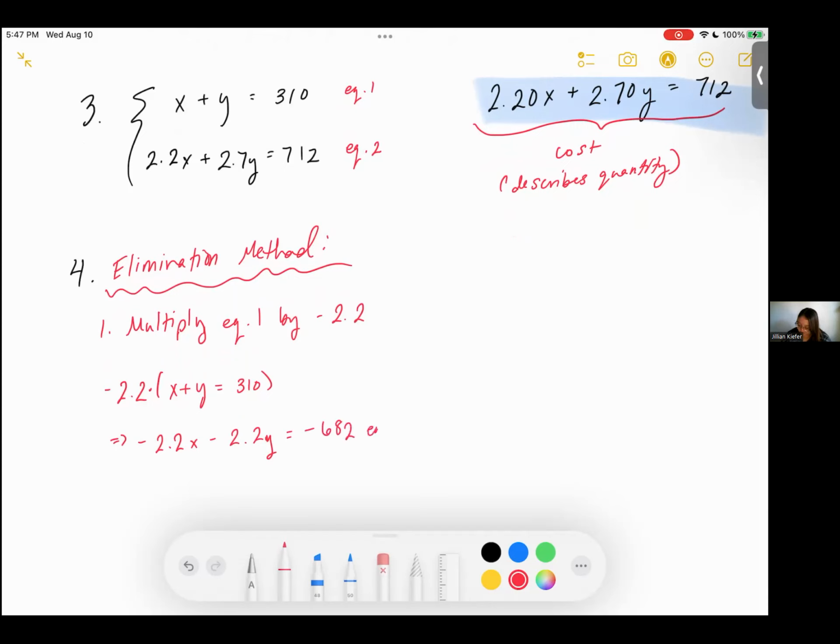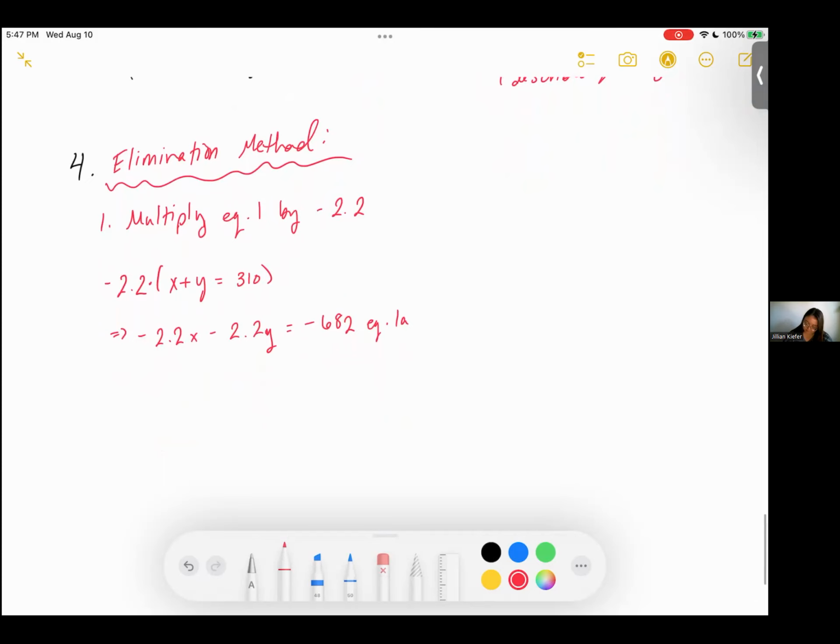So this will be equation 1a. So putting this back into our system means that we can now use equation 1a and equation 2. So equation 1a, we've got negative 2.2x minus 2.2y is equal to negative 682. And then we've got 2.2x plus 2.7y is equal to 712. So equation 1a and equation 2.